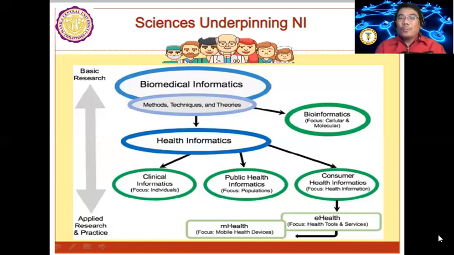Okay? So that's why when we have heard about clinical trials, for example, a drug can be tested or given for clinical trial to an individual, and he or she will be subject for monitoring.